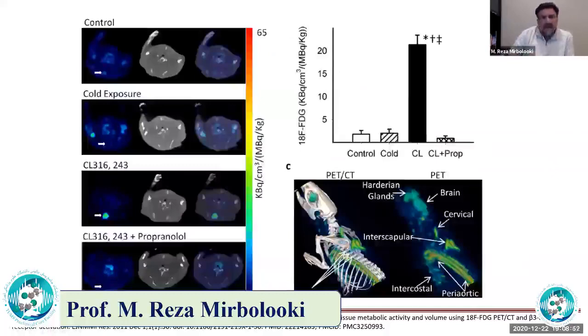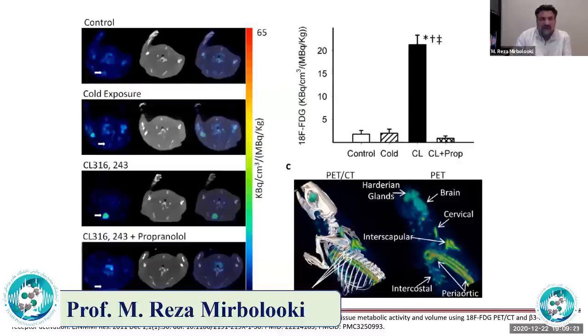Okay, so in the first experiment that I did, I wanted to see if the CL316 is as effective as cold, so I compared it to the cold exposure. Also, we know that this is the beta-3 adrenoreceptor, but just to prove that the mechanism is the same, as a control I also used the drug plus propranolol, which is a beta blocker, to see if that blocks the effect or not.